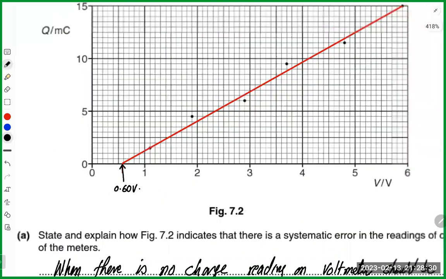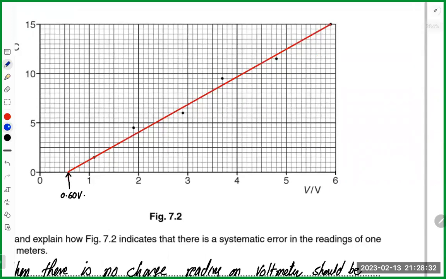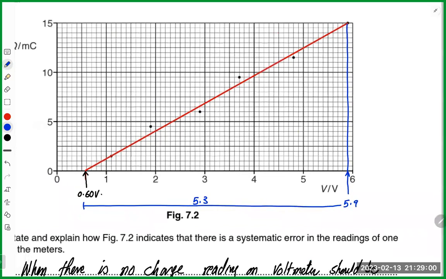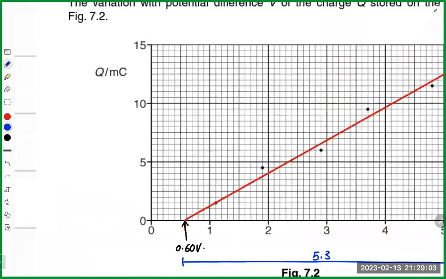What we do is, for the run, we take a vertical line here. As big as possible is the best. So this value is 5.9. This is 0.6. So the run will be 5.3 and the rise will be, watch this one.